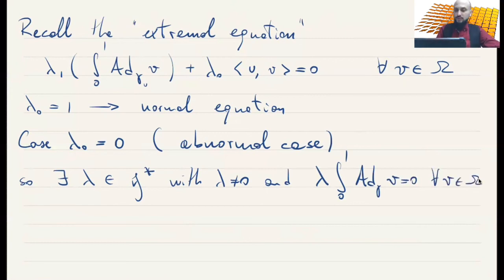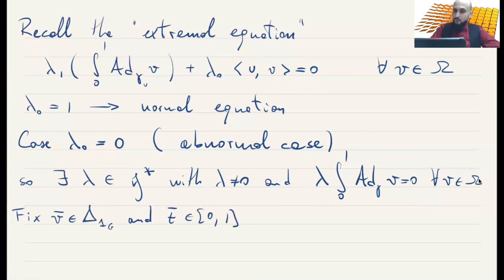Now I want to improve this equation like we did in the normal case. So now what I do, I fix a constant vector v bar in the horizontal space of the identity, and also fix some time, t bar, in 0, 1.